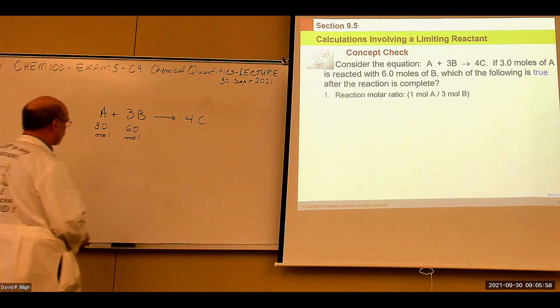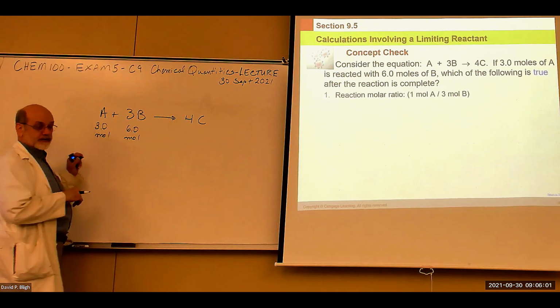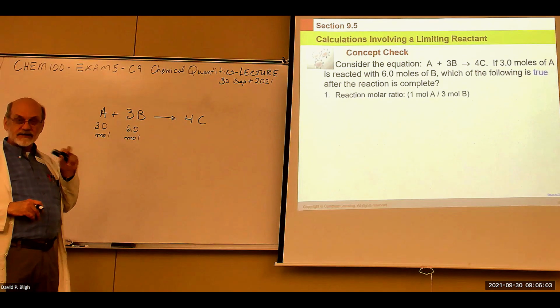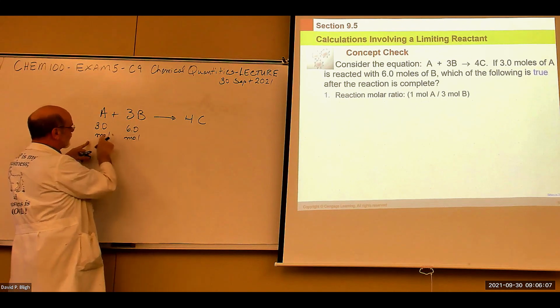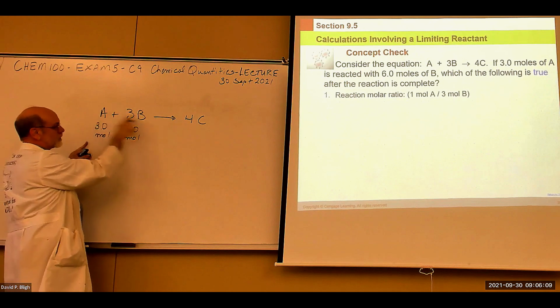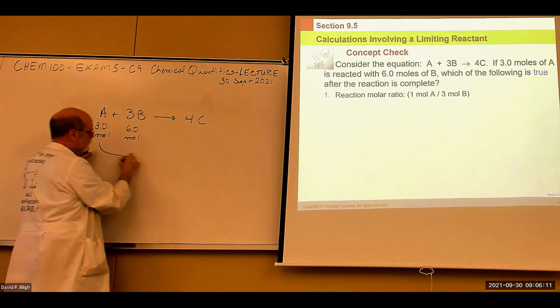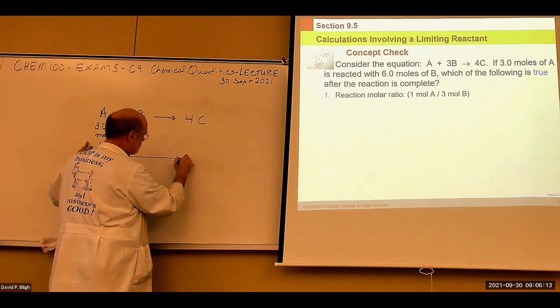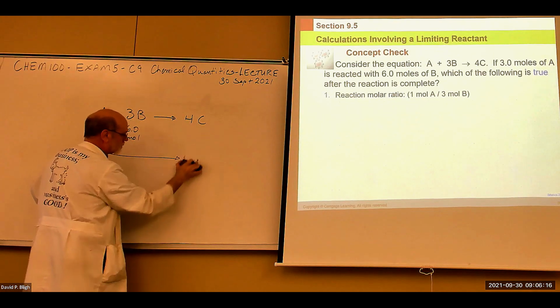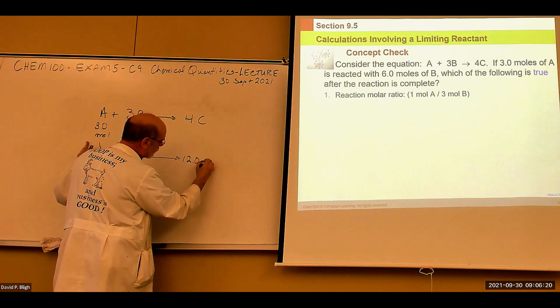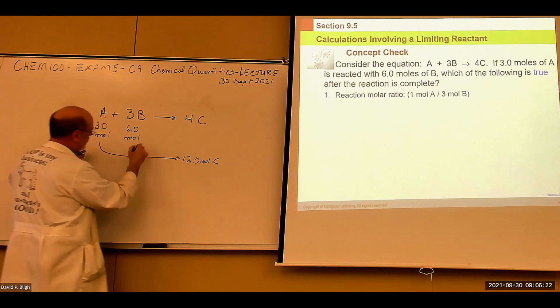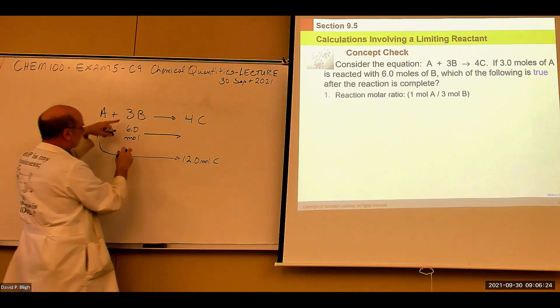Well, let's see, what do we get? First, let's determine the limiting reactant. If all of this is converted to that, we have 4 times that, correct? 1 to 4. So this would produce 12 moles of C. This one would produce 3 to 4.